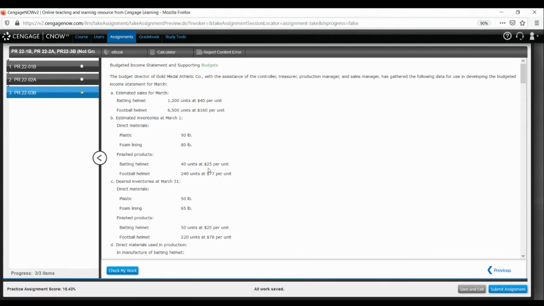Multiply these two, and that will give you $1,000 as the beginning inventory amount for batting helmets.